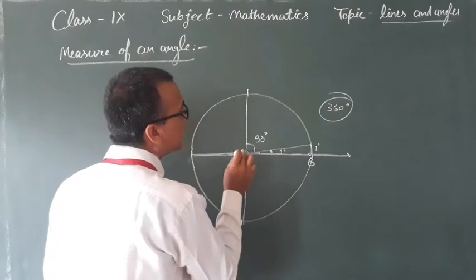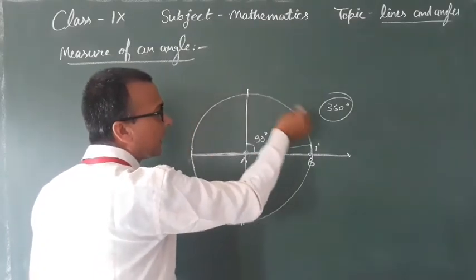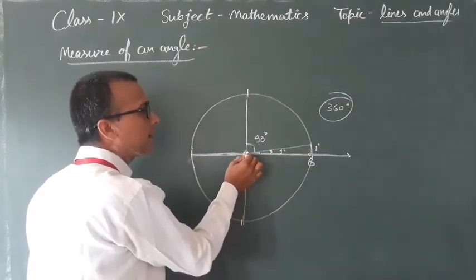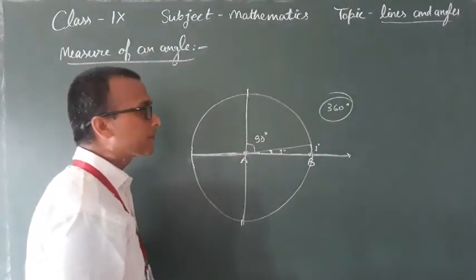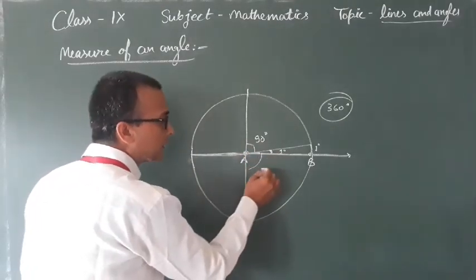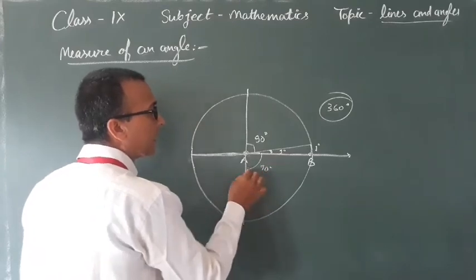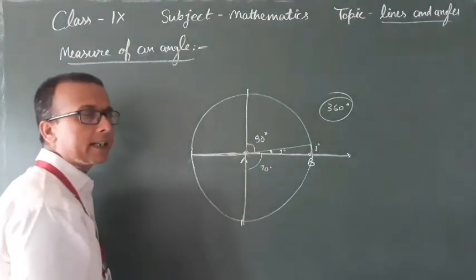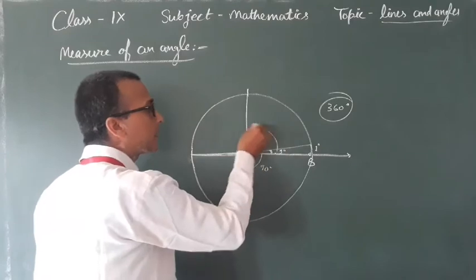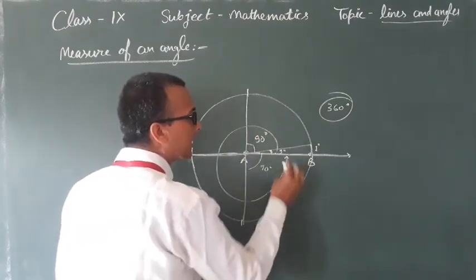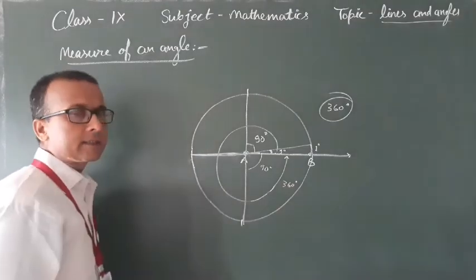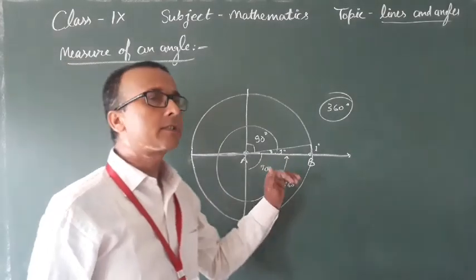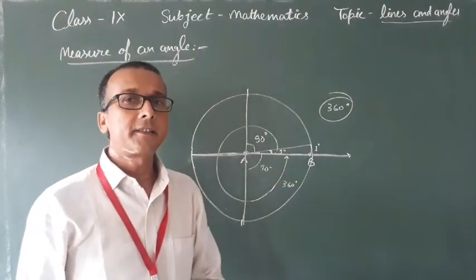Then each arc will subtend 90 degrees at its center. Each part will be 90 degrees. The sum of all the angles will be 360 degrees. This is the way by which we measure an angle.